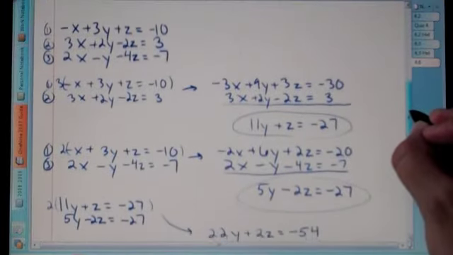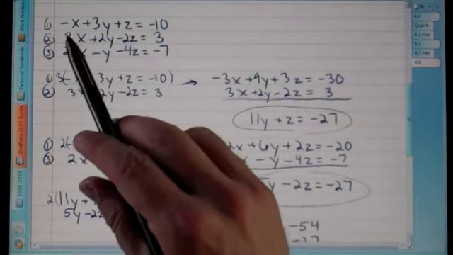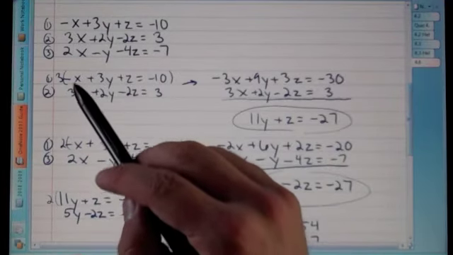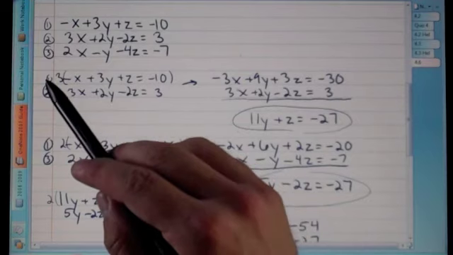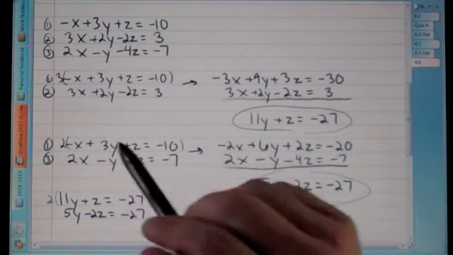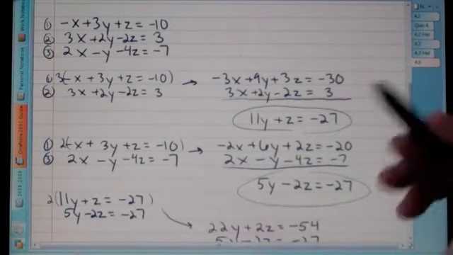So, again, what I did, just to run through really quick, I just chose two equations, and I eliminated one of the variables, in this case x. I used line 1, line 2, eliminated the x. I need to do that with another pair, so I used equation 1 and equation 3, eliminate the x.